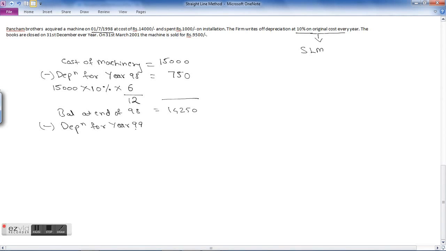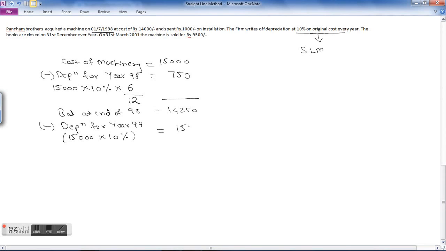Then next we have to calculate depreciation for the year 99. For the year 99, we have used the machinery from 1/1/1999 to 31st December 1999. That is, the machinery is used for the entire year. So depreciation will be 15,000 into 10%, and we have used it for all 12 months, so we need not calculate any proportionate depreciation here.